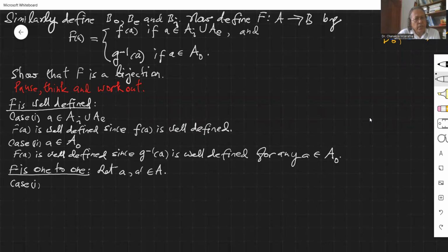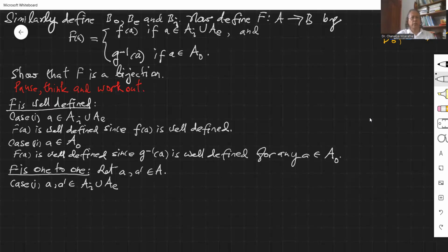Case one: A and A prime both belong to AI union AE.